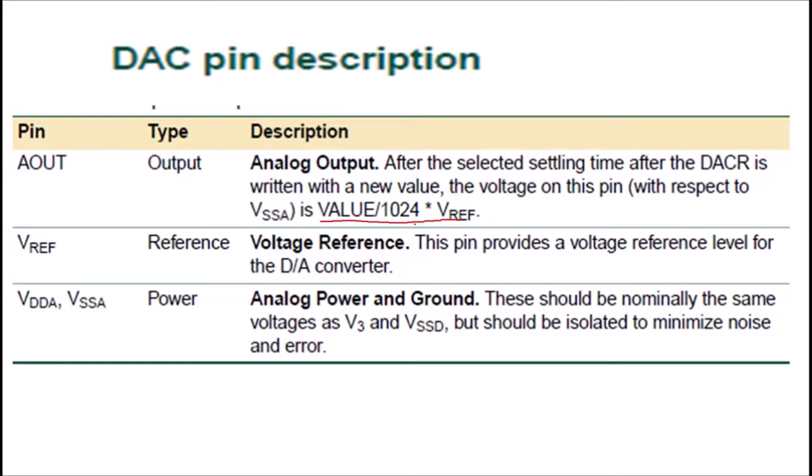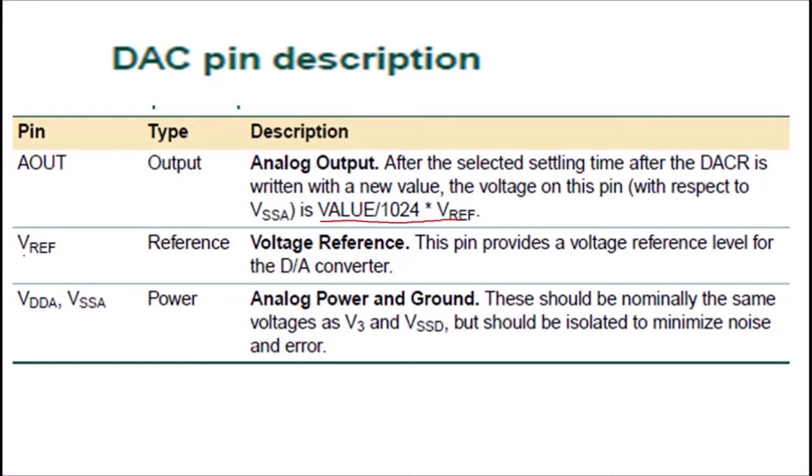This DAC is of 10 bits, so 2 raised to power 10 is 1024. So digital input value divided by 1024 multiplied by reference voltage. Generally we use reference voltage as 3 volt. So for each digital input, using this formula, we can find the analog output.